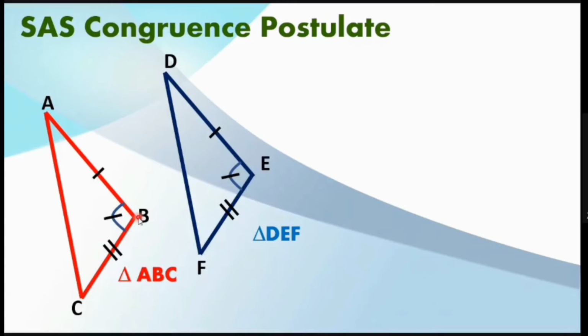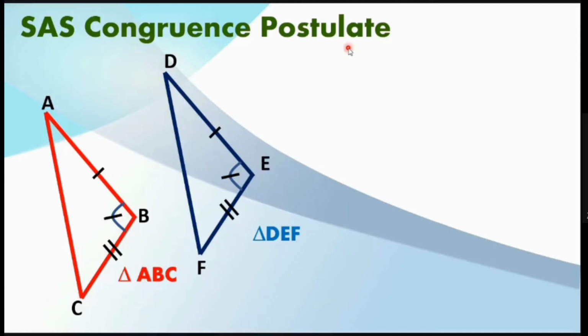On the second triangle, triangle DEF, the parts that have tick marks are side DE. So it's a side. And then angle E, it's an angle. And another side, side EF. So therefore, we have side, angle, side. So we are sure that these two triangles here are congruent by SAS Congruence Postulate.